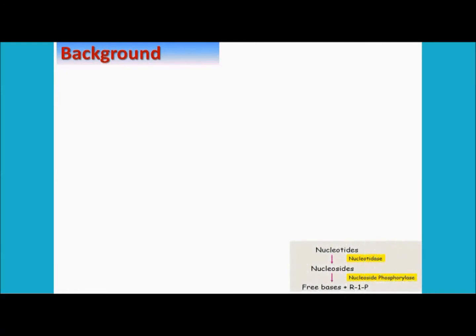If we see the catabolism, first of all these purine nucleotides are sequentially degraded by the removal of the phosphate portion of the nucleotide, in a sequential way.